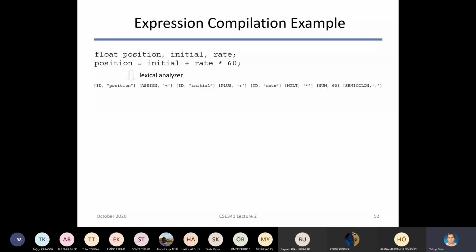So the entire program has to actually be associated with this abstract syntax. In this particular case, we have a declaration statement, and then we have an assignment here, and then we have an expression here. This is C style. Let's think about this as C style.